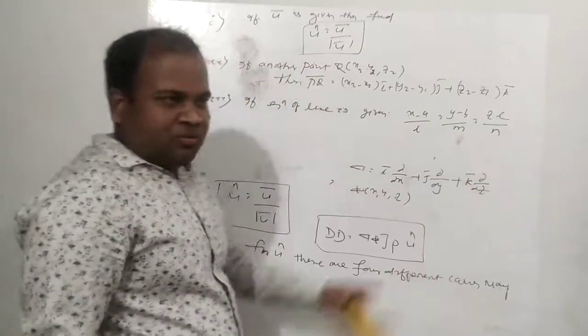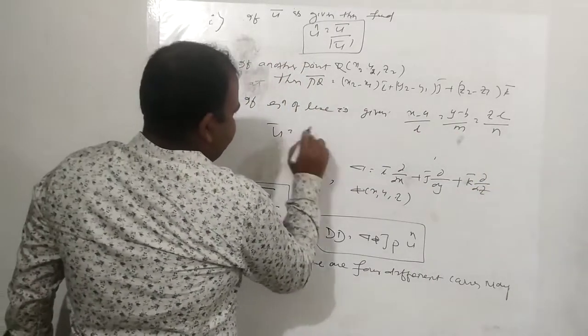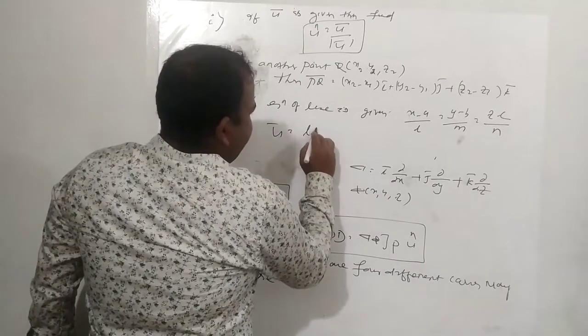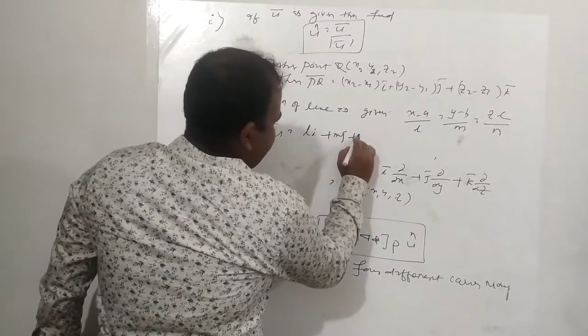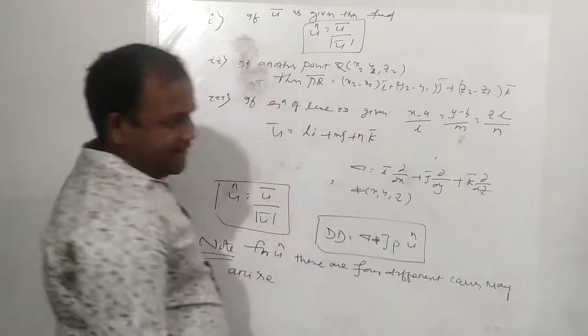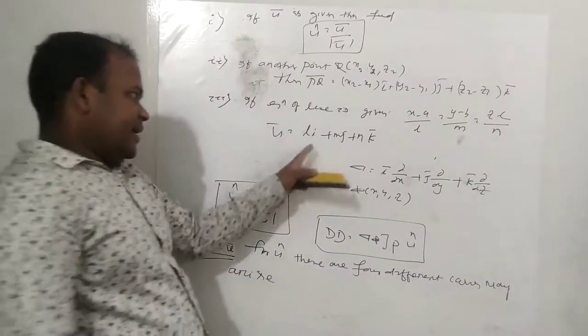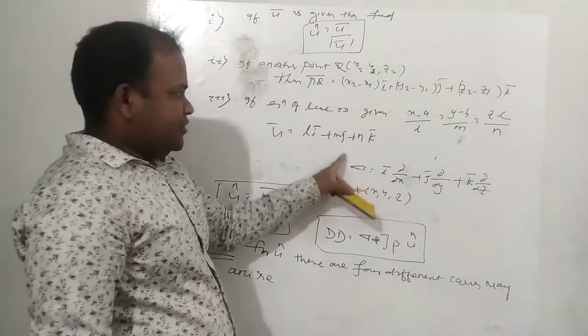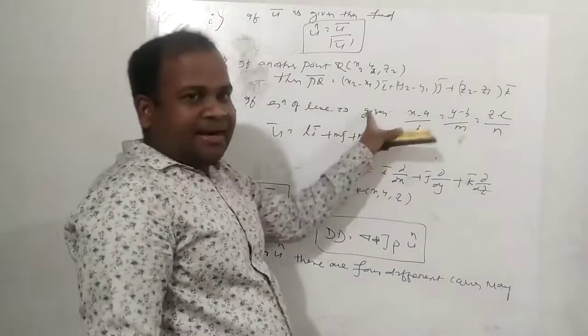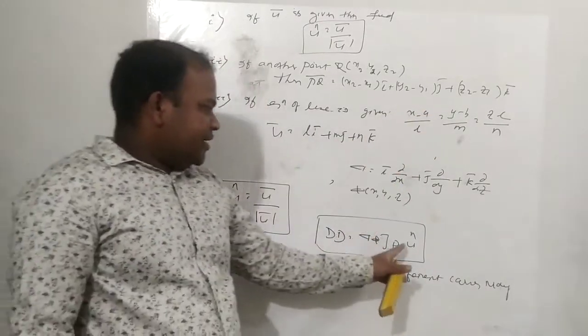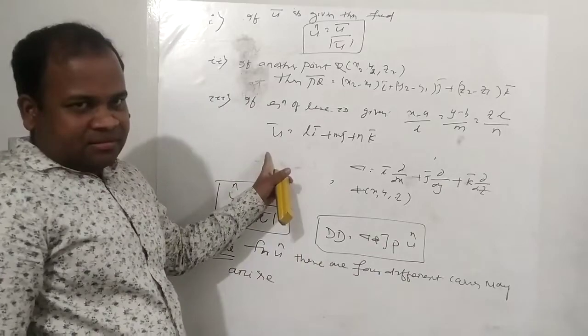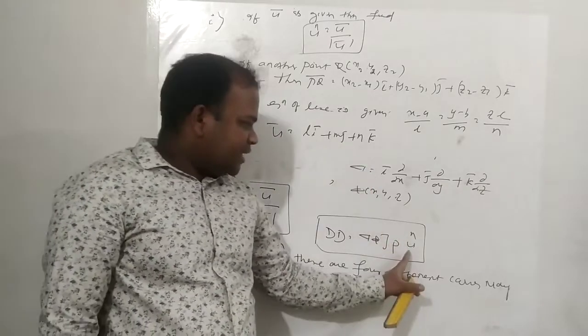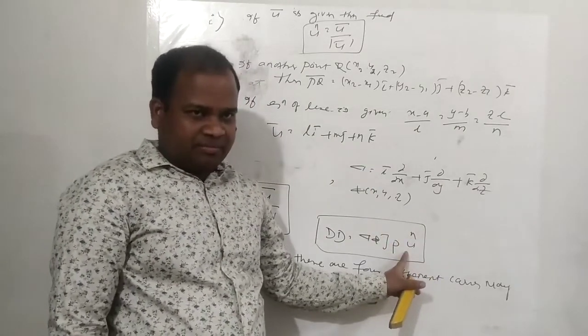Here these are the direction ratios. So the u vector will be l i plus m j plus n k, because we need one vector. If one vector came, then you can find the u cap. This is the third case.